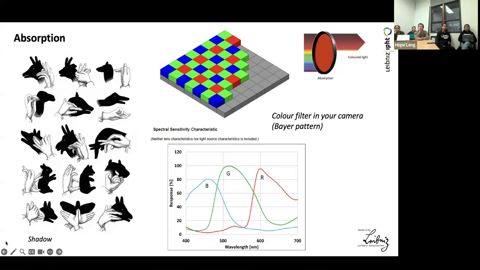Do you see something unusual about that? You see red, green, and blue, but it's a checker pattern. You only have 3 filters. Do you see that something is overrepresented there? What color is overrepresented? Green.